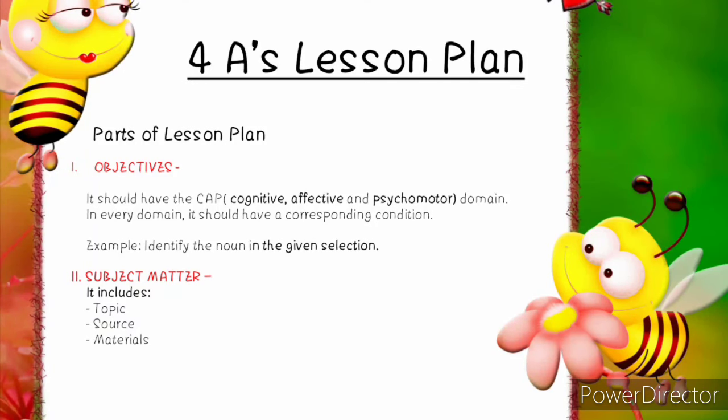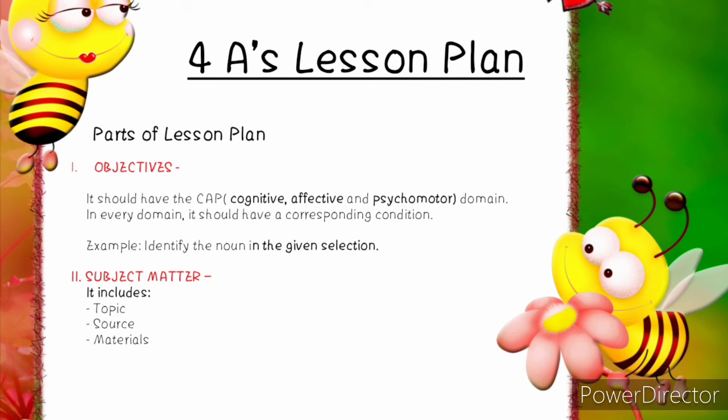We'll focus now on the 4A's lesson plan. It has its own components. First, we have objectives. Objectives are the goals to be attained during the class. They should have the CAP.